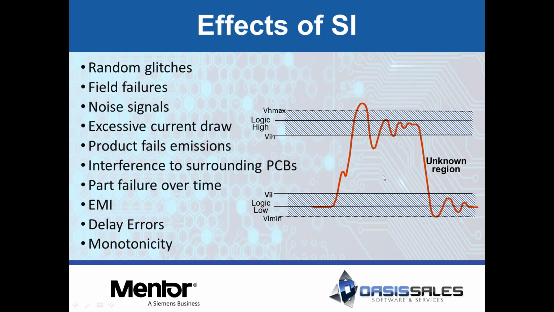So the less ringing that we have in our designs, the more likely we are to pass emissions testing. Interference from surrounding PCBs, you can cause interference in other designs. And another one people don't necessarily realize is that you can really cause part failure over time.